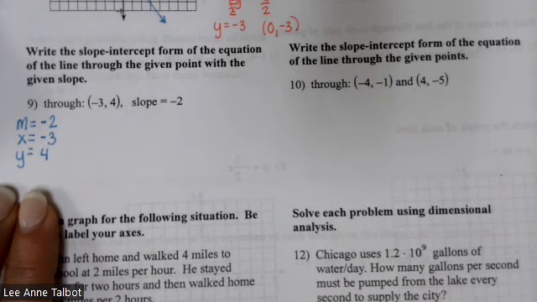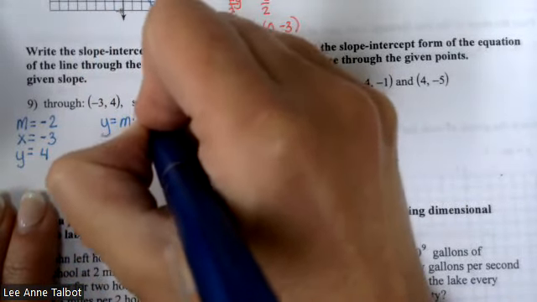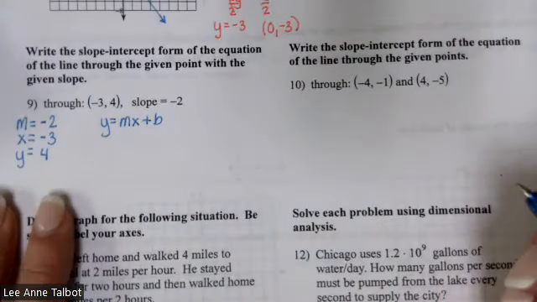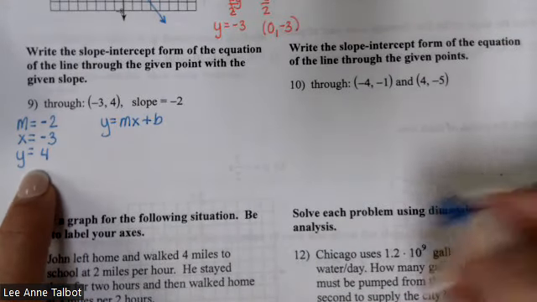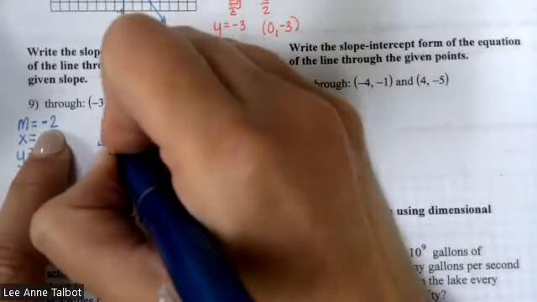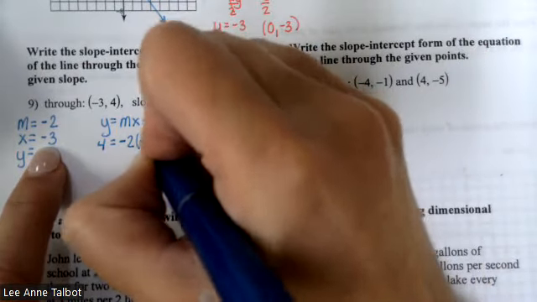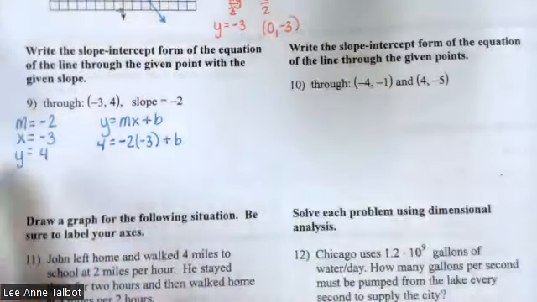Any questions about how I assign those? You're good? Okay. y equals mx plus b. Okay, y is 4, m is -2, x is -3, plus b.